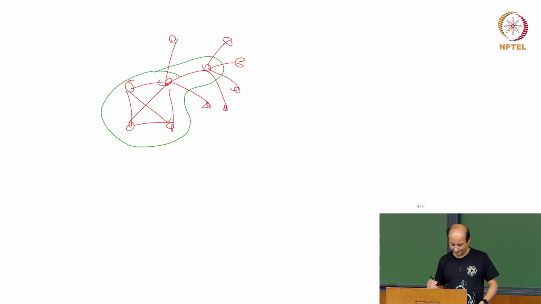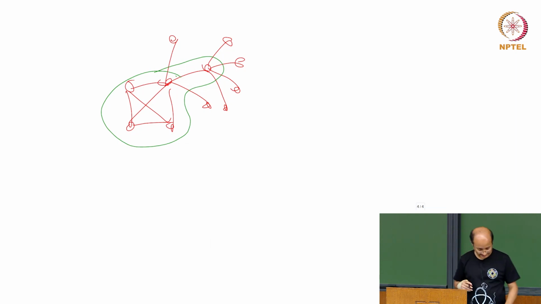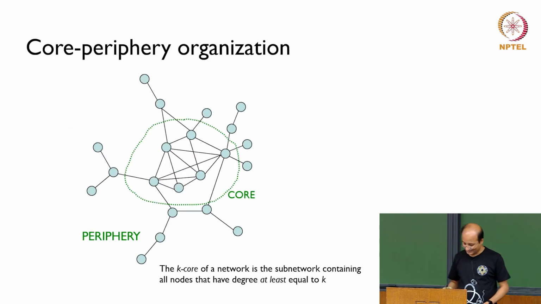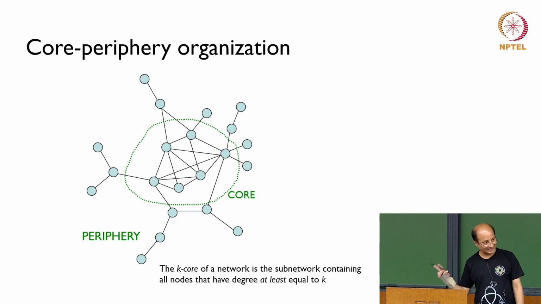So they will say, okay, this will be the core of degree 3 because each of these nodes has degree 3 or higher. Okay. The problem is that if you look at the definition, it says all nodes that have degree at least equal to k, and we will see that actually that doesn't qualify.